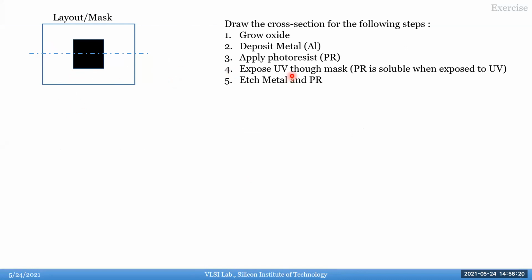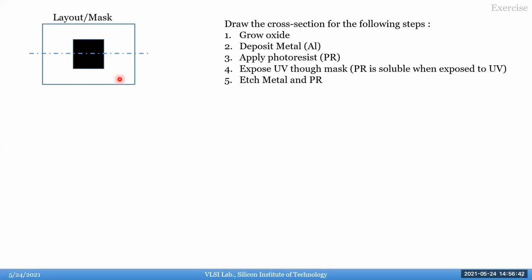Okay. All right. So this is what I've drawn as a mask, just one single square. And here I'm saying I want to pattern the metal. So when the chip comes out, I want, on the wafer, silicon dioxide on top of it, and I want this metal layer.